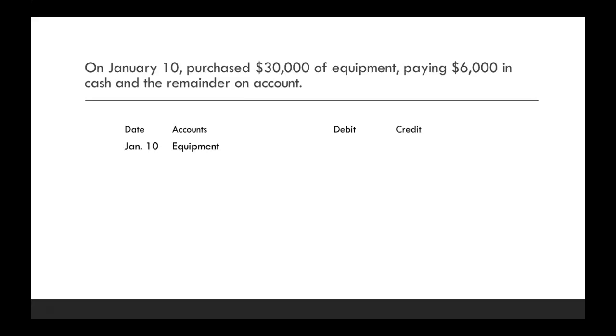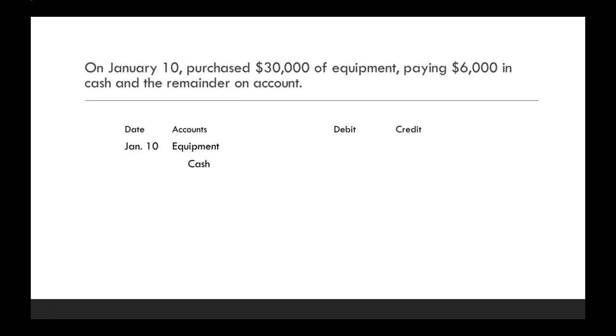Now the next piece is that we paid $6,000 in cash, so we put a down payment on this equipment. So if we are paying out cash, that means that we're losing cash. So to decrease an asset, we credit that account. So we want to credit cash to make its balance decrease.